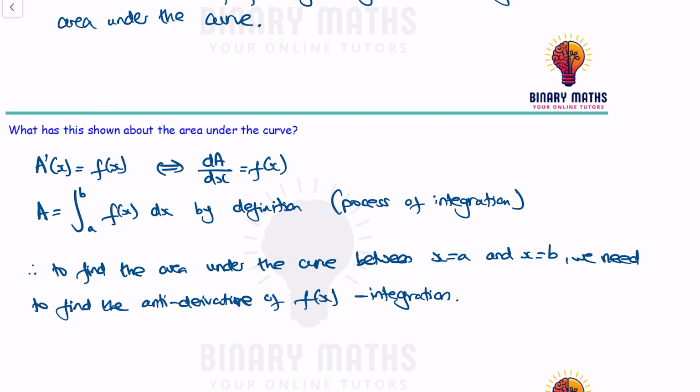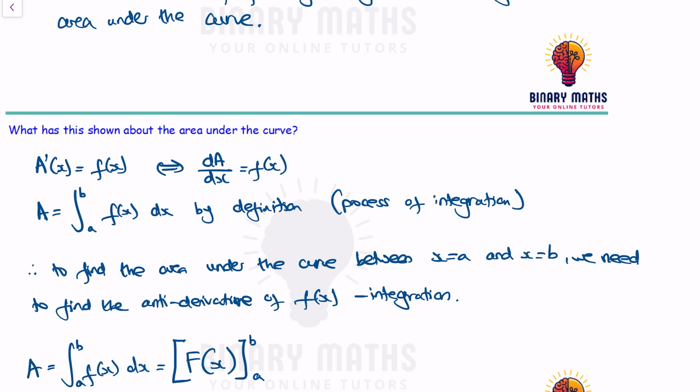All this summarizes to the fact that A, which is equal to the integral from b to a of f of x dx, is the antiderivative of f of x, which is the capital F of x, evaluated from b to a. Remember, in the last lesson we said that is capital F of x.